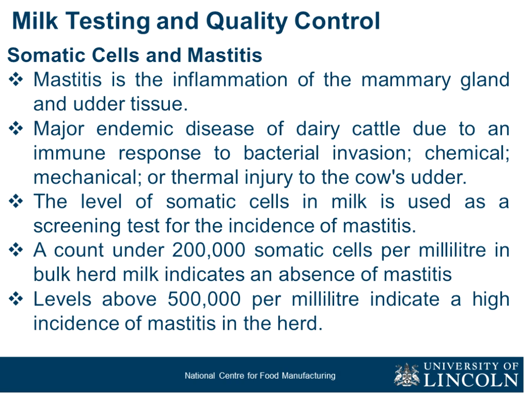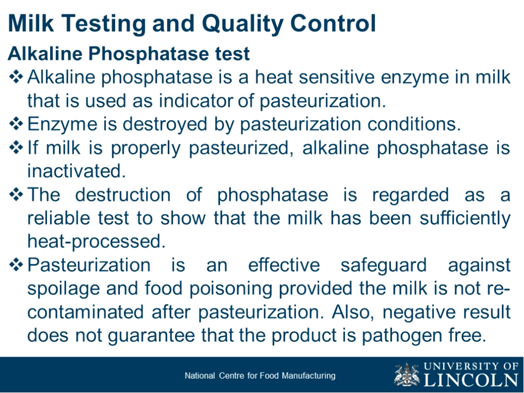A count under 200,000 somatic cells per milliliter in bulk herd milk indicates an absence of mastitis. If it is above 500,000 per milliliter, it indicates a higher incidence of mastitis in the herd. So we need to do something about that. You need to attack it from the source, and these are the tests you can use to determine where the problem is coming from, so you can implement the appropriate action.